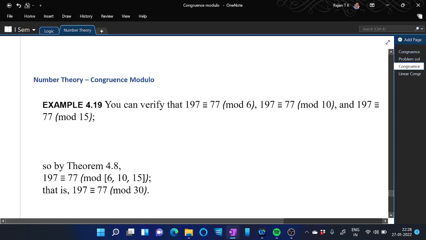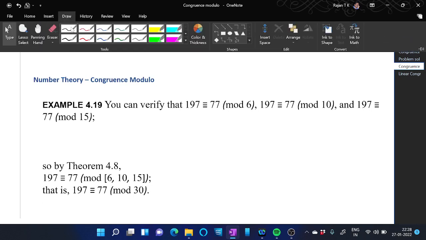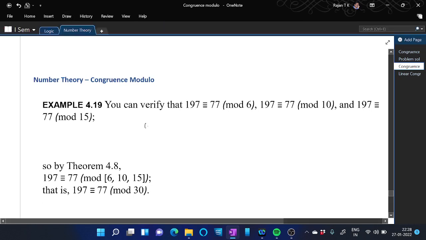We know 197 is congruent to 77 mod 6. 197 is also congruent to 77 mod 10. 197 is congruent to 77 mod 15.